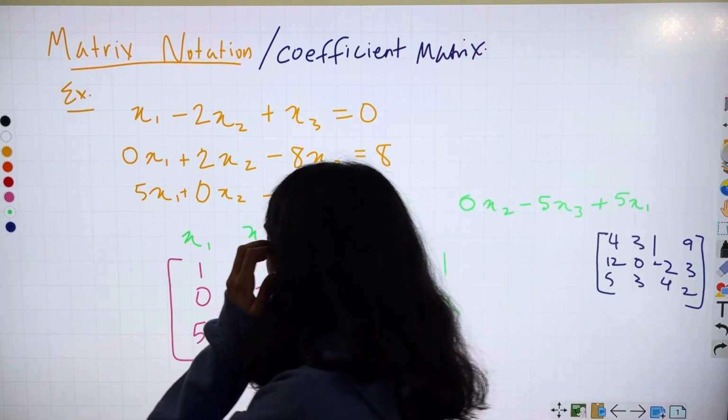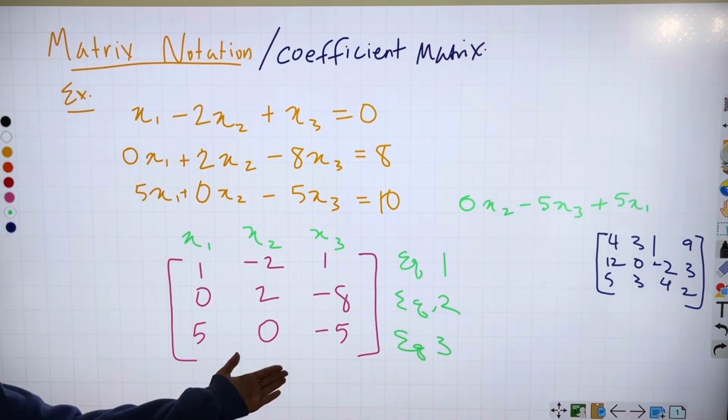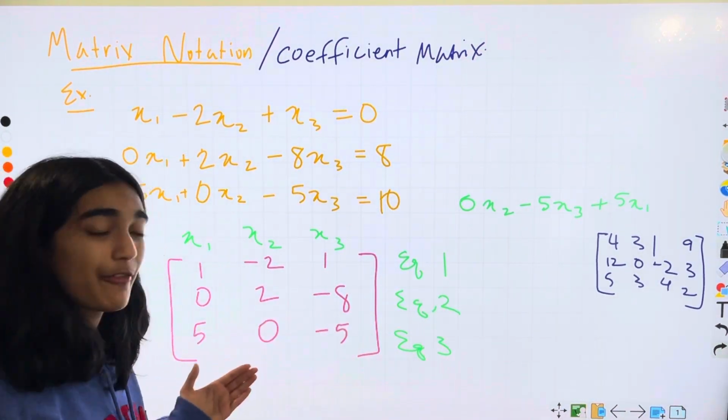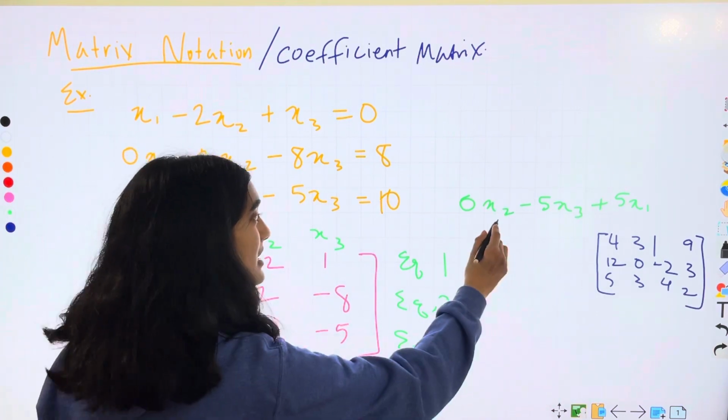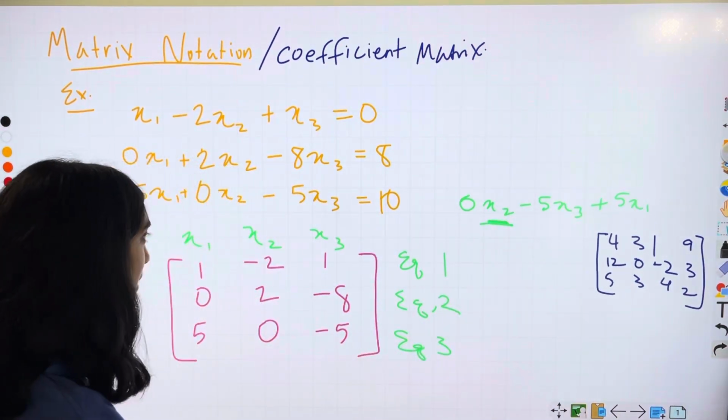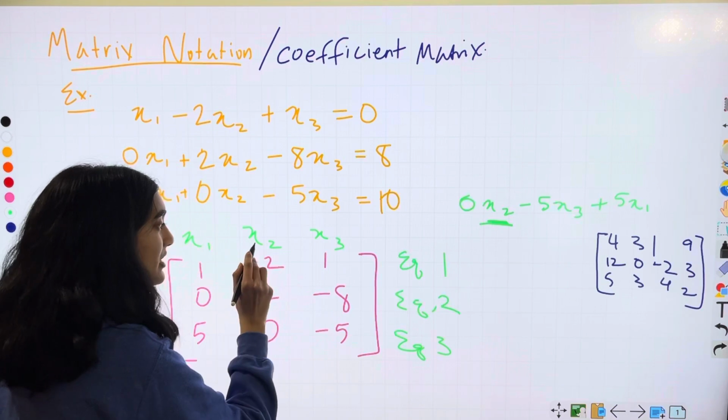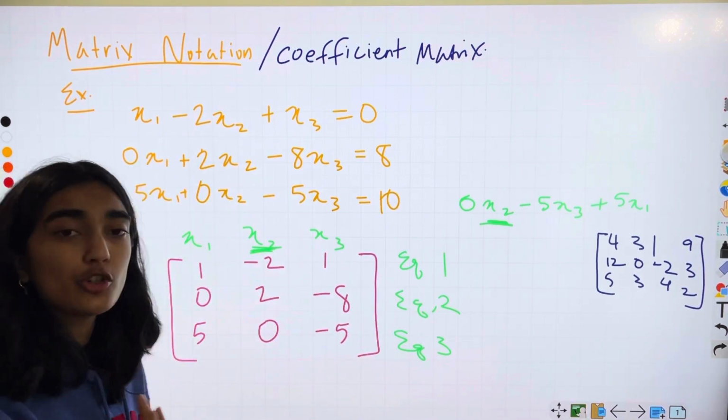If it was written like that, it would still be 5, 0, -5. It would not be 0, -5, 5, because this is x2.